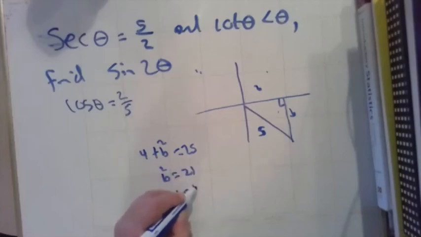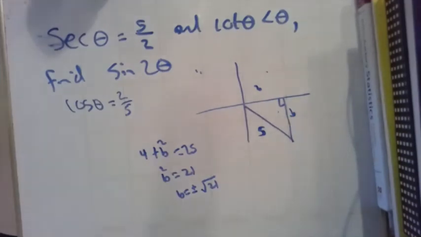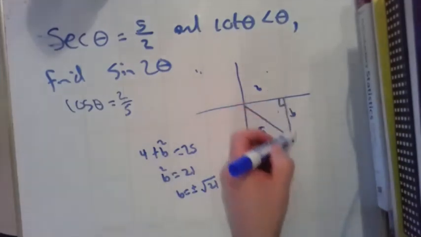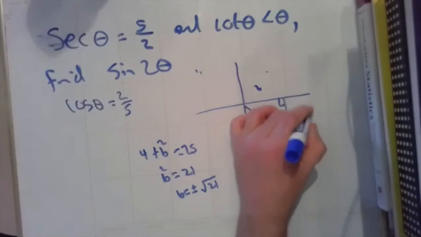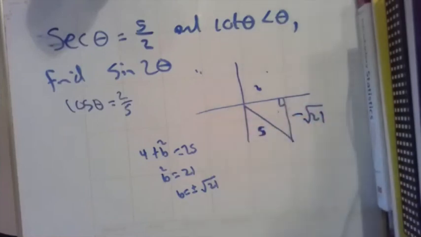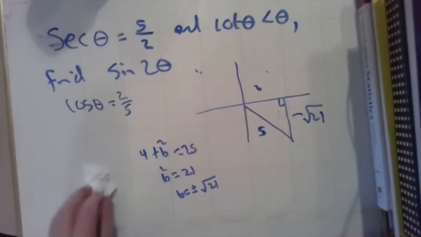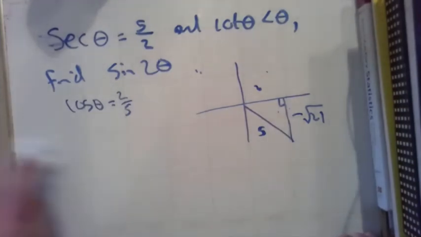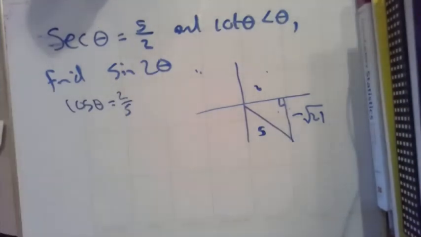B is plus or minus the square root of 21. Now we look at our picture and figure out whether it's positive or negative. Oh, that goes down. So negative root 21. Again, notice I have not pulled out a calculator yet today. I guess to do 144 minus 25 I did, but it's not really a calculator problem.